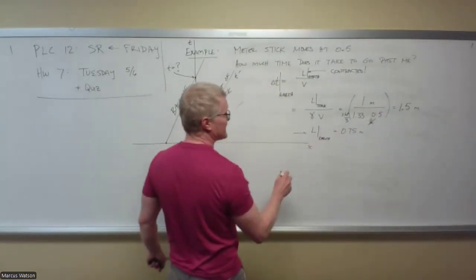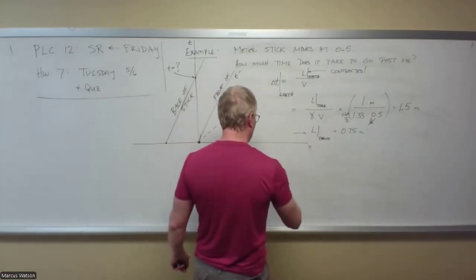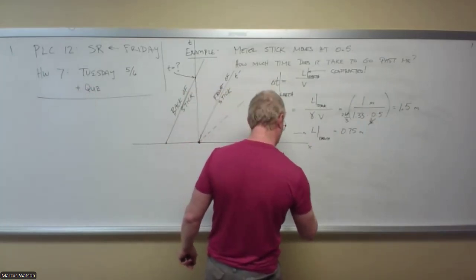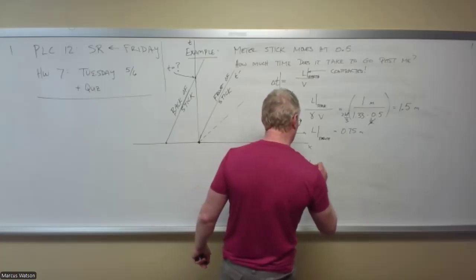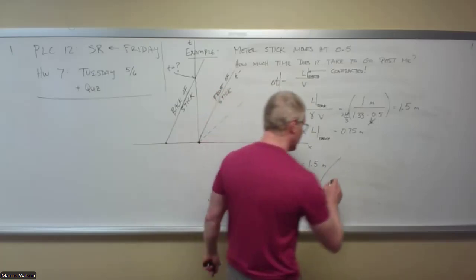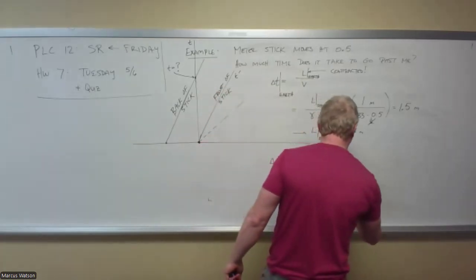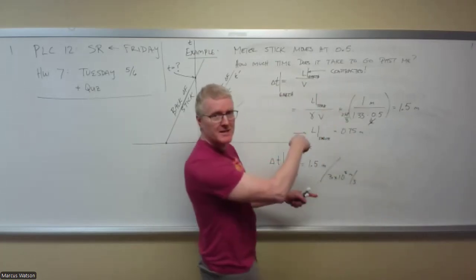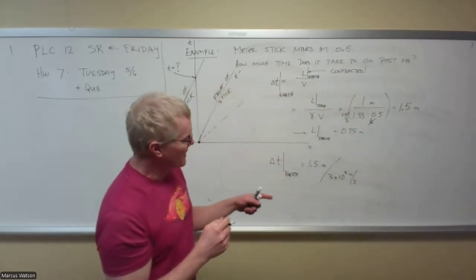If I wanted that in seconds, I would say delta t in seconds. This is delta t of Earth equaling 1.5 meters. I would have to divide that by 3 times 10 to the 8 meters per second, so that I can flip the seconds up on top and get a time.